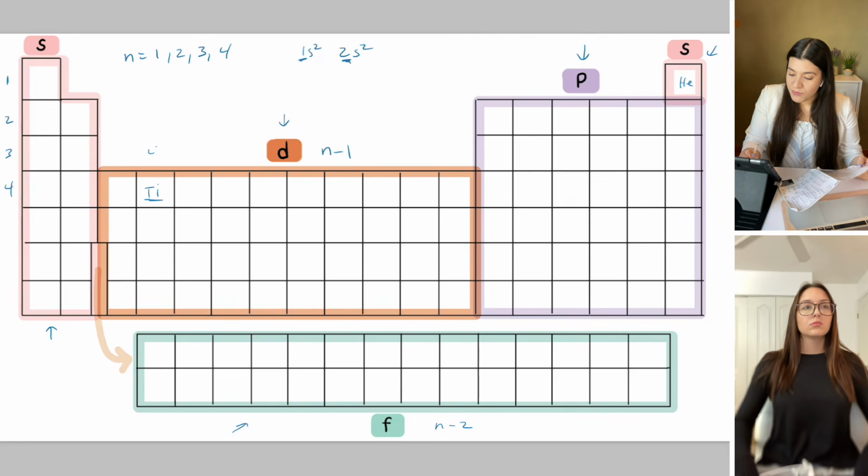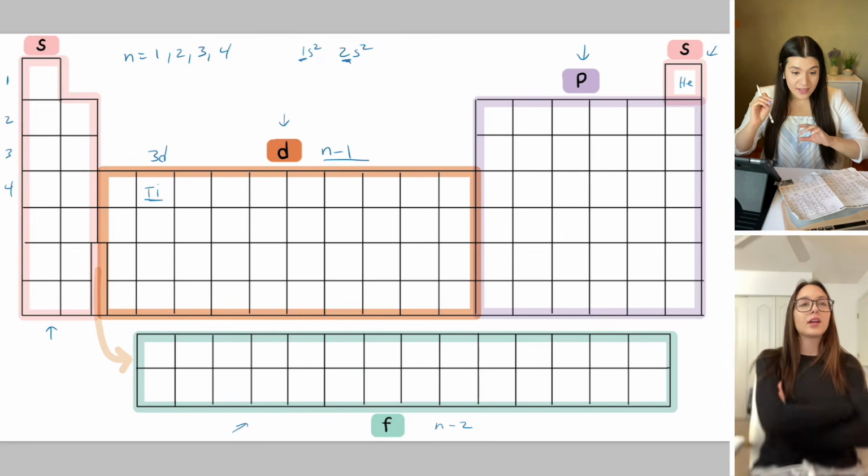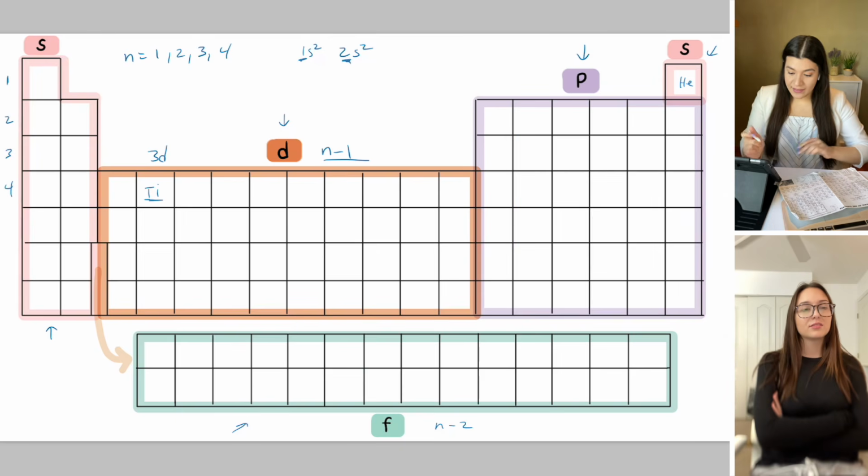Instead of this being 4d, because it's on d, and that's always n minus 1, that's actually going to be 3d. Kind of making sense. We'll go over a bunch, but for now, I just want you to understand the d is always 1 less than the row that it's in. It's in row 4, but that n is actually going to be 1 less, so 3.